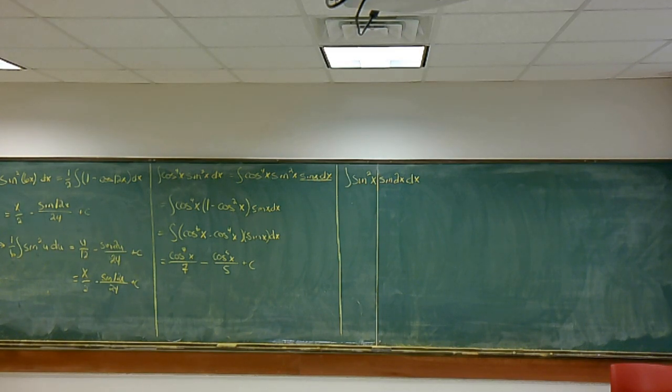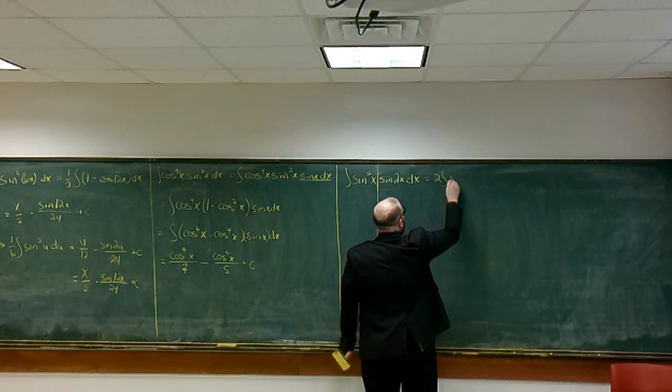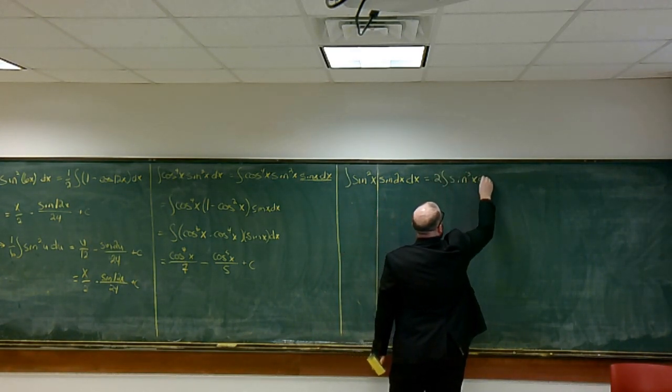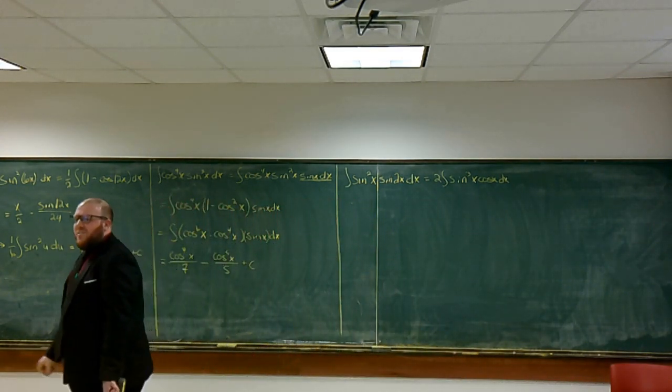What does sine of 2x equal? 2 sine x cosine. 2 times sine times cosine. And now that's not what I can do in my head.